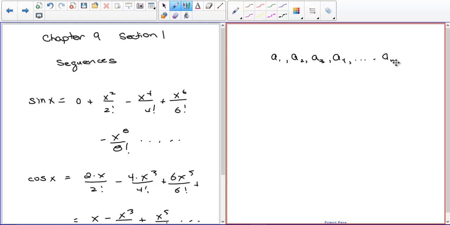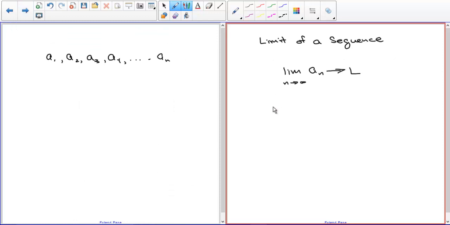You could just list a bunch of numbers and that would be a sequence. Or you could come up with an equation which, as a function of n, would give you the n terms in a sequence. You've had sequences before in other classes. It's just a listing of numbers.